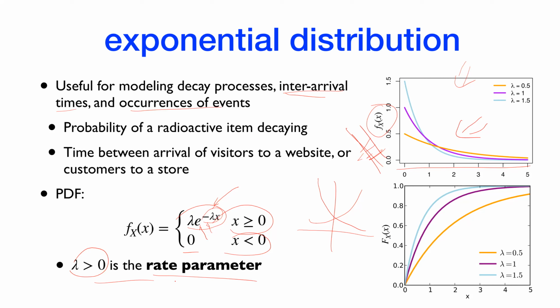If you're interested, you can dig a little into why we care about the memoryless property. It makes this a very good model for, for example, inter-arrival times, which are very common things you want to model, right?